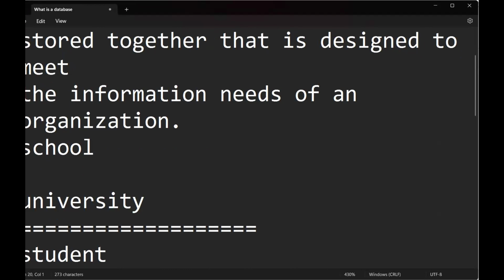The next things we are supposed to cover today or leave here with today, apart from what is a database, is what are we going to do for the duration of the course? So what are the things we are going to learn?